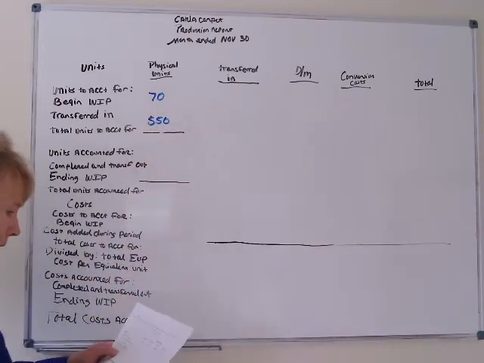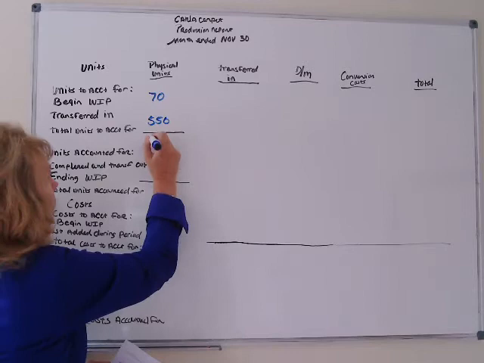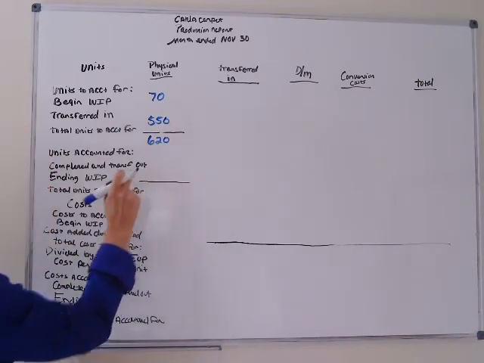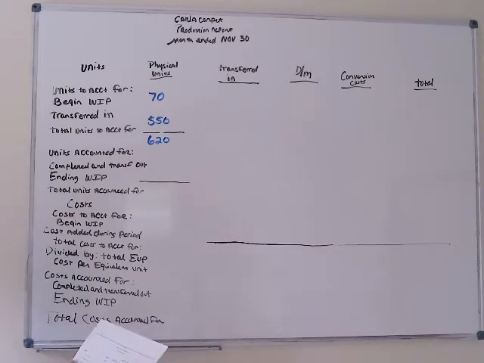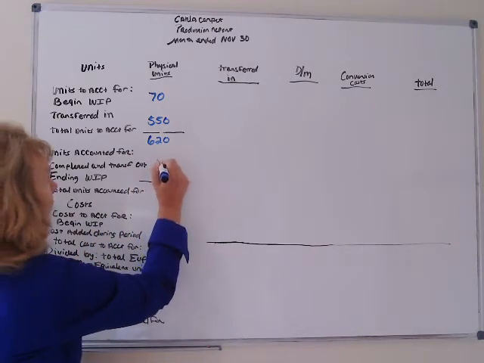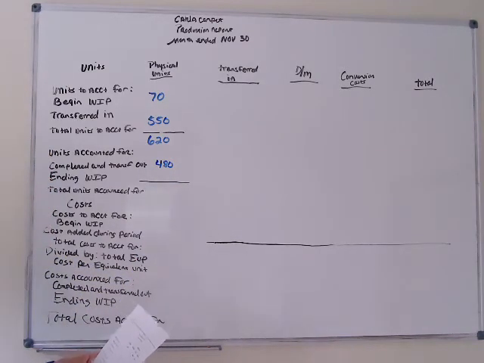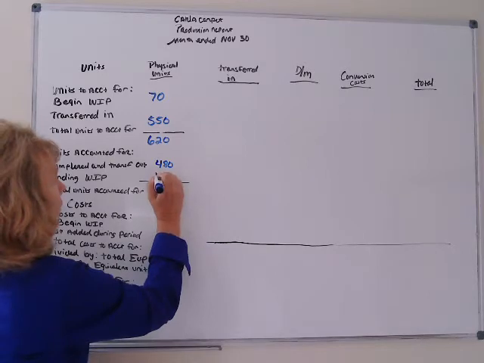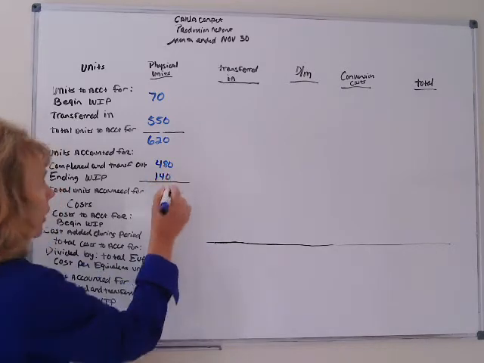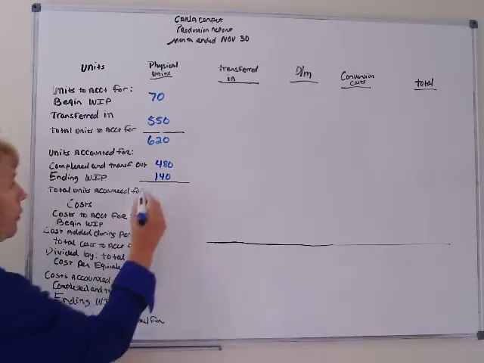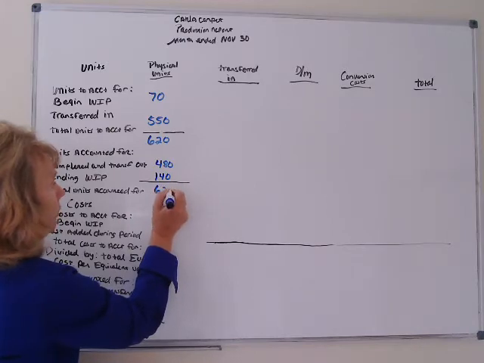Add those 2 together, that is 620. Watch, these 2 always have to match. Completed and transferred out is 480. Ending work in process is 140. We add those two together, they equal 620.